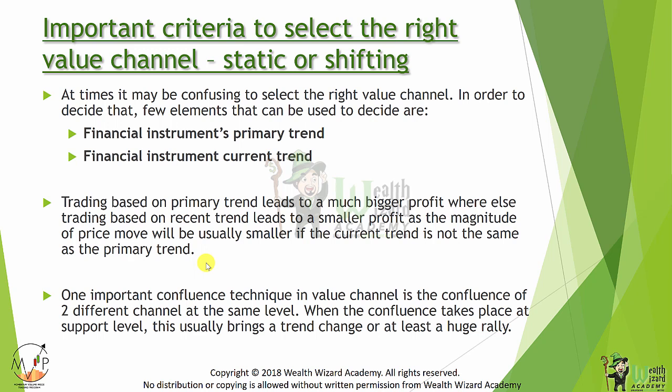One important confluence technique in value channel is the confluence of two different channels at the same level. When the confluence takes place at a support level, this usually brings a trend change, or at least a huge rally.